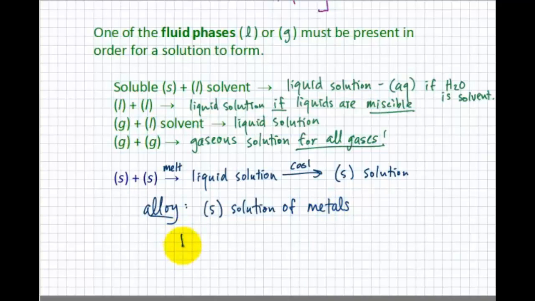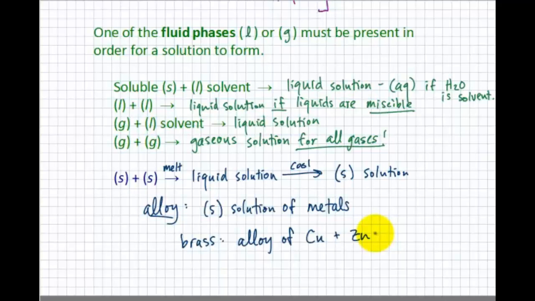So, for example, brass is an alloy of copper and zinc. If you heat them up and get them molten, you can mix them together, and then it'll re-solidify again into something with an even consistency, okay?